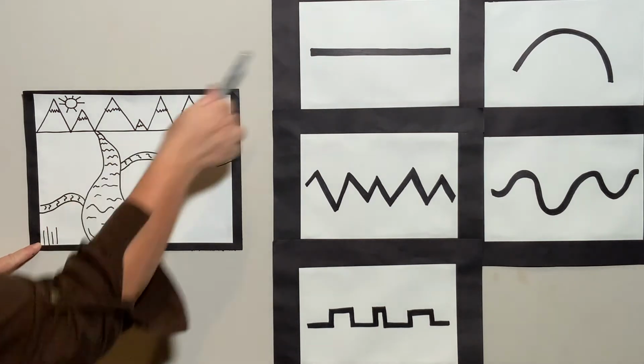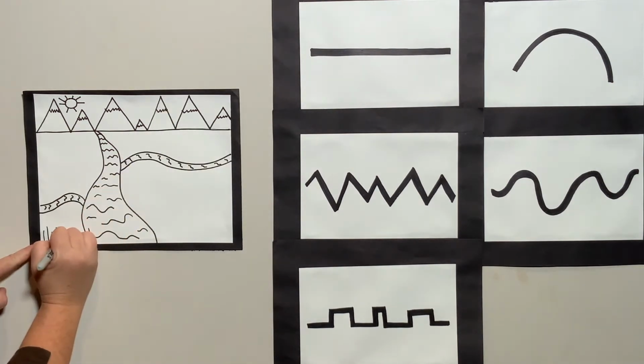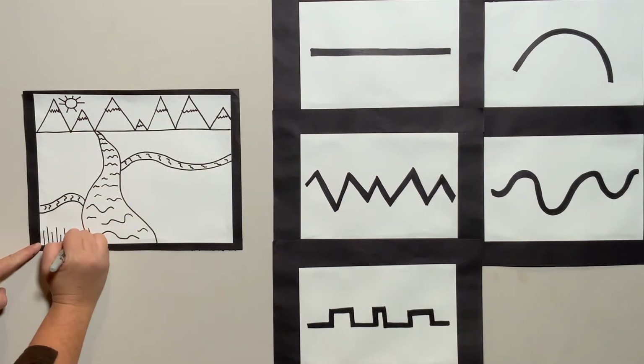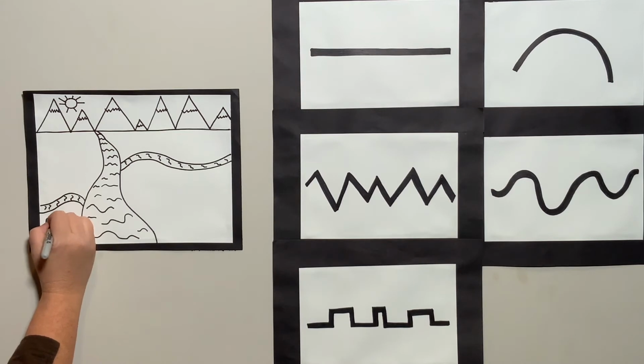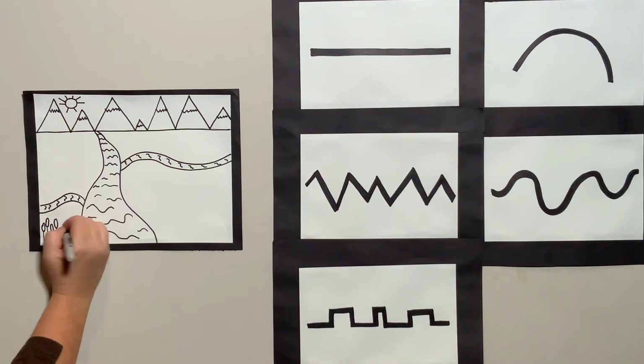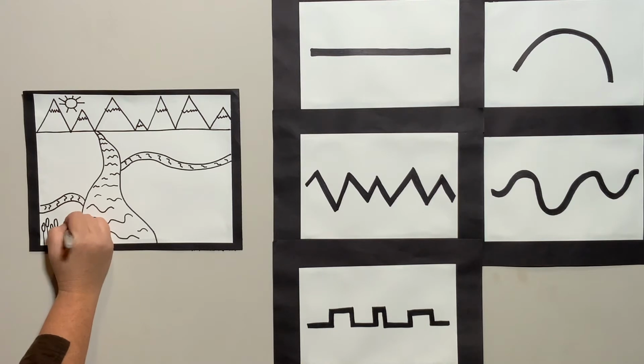I'm just going to draw what type of line? Very good. Straight lines, some tall, some short, and at the end of it, I'm going to draw an oval, which is made with curvy lines, just to show the wheat crop.